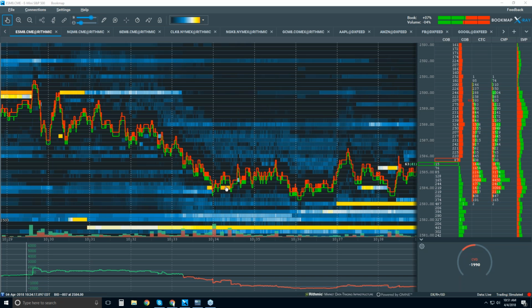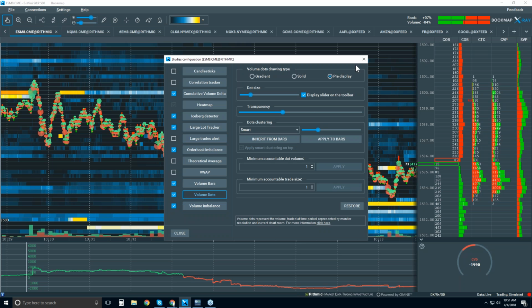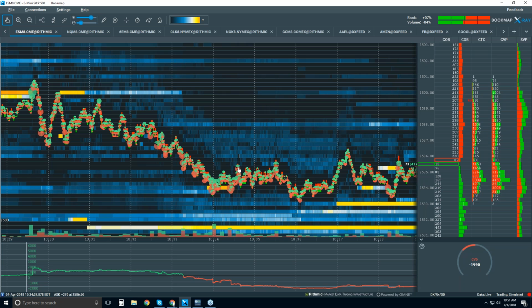So now I need to turn on the volume dots to be able to show that. So let's do that. And there we go. And now we know this is real liquidity.